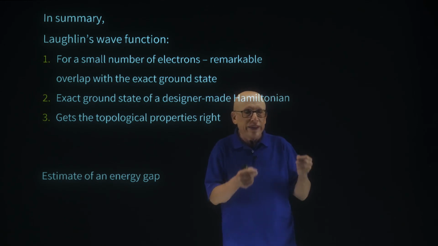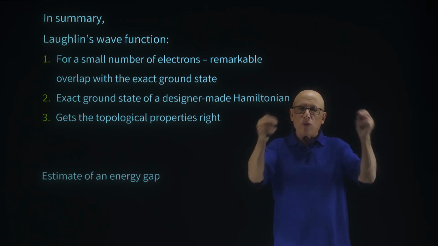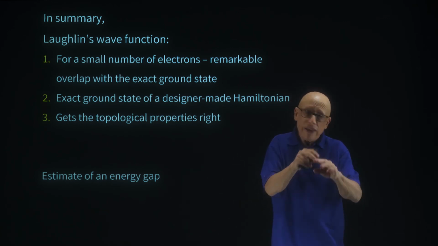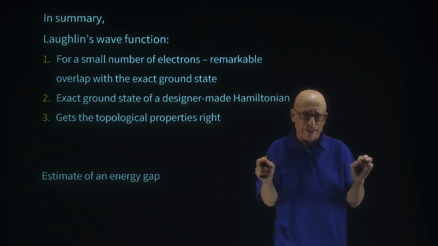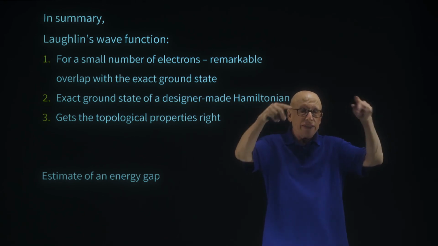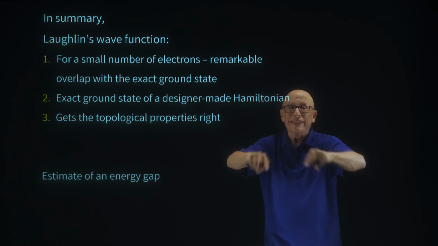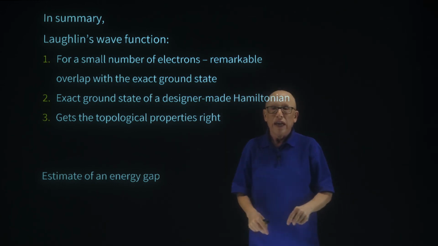Second, we can write down a Hamiltonian of electrons in a lowest Landau level with some type of interaction. That's not a Coulomb interaction. It's not a realistic interaction, but some kind of interaction. We can write this type of Hamiltonian for which the Laughlin wave function is the exact ground state, and the quasi-hole is an exact excitation.